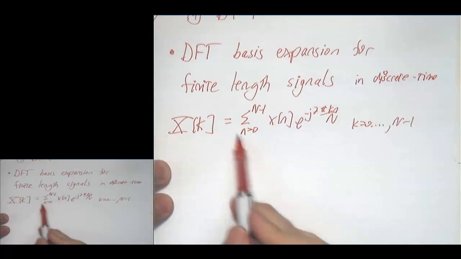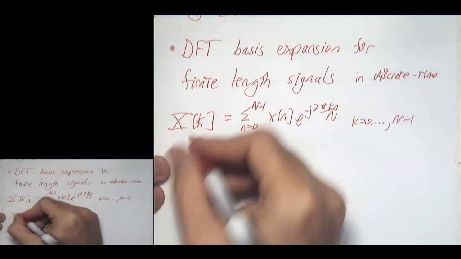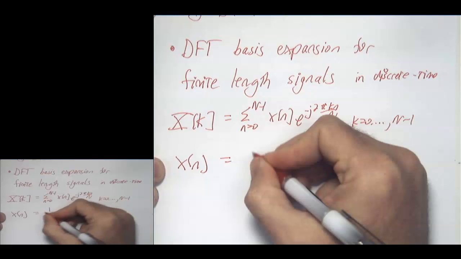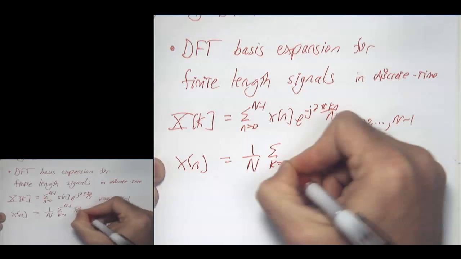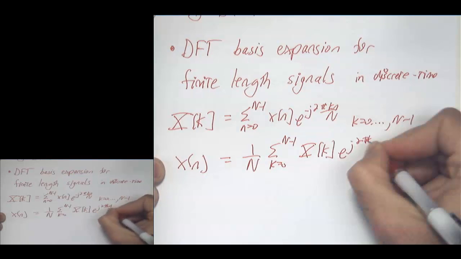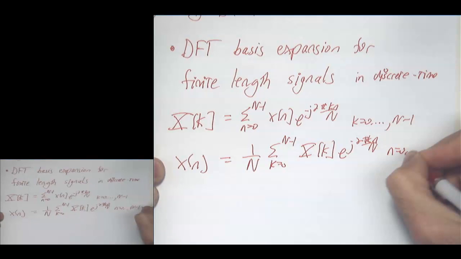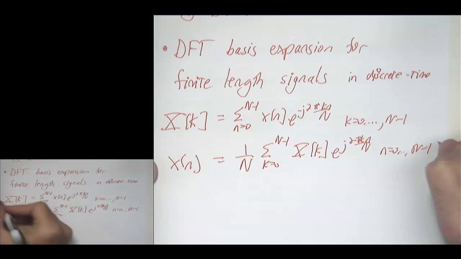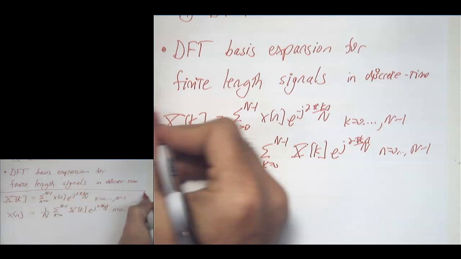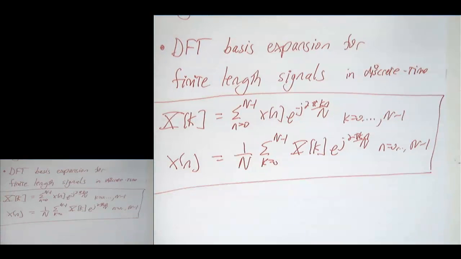And we take only a finite length sequence of length N and generate a finite length transform, also of length N. This is the analysis; the synthesis equations look like this here, again for 0 to N minus 1. So these are the main transform equations, synthesis and analysis.